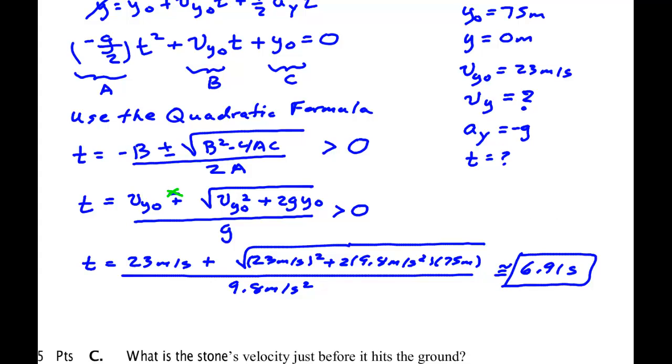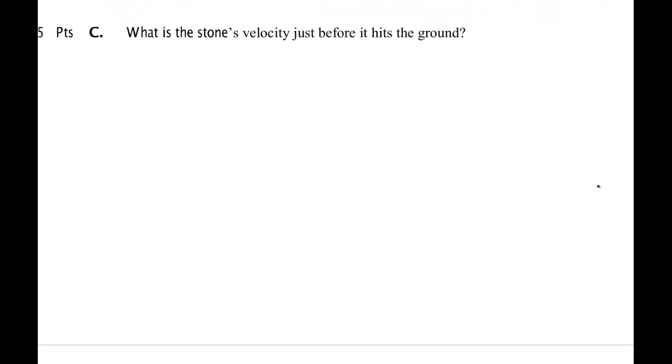Part C says, what is the stone's velocity just before it hits the ground? Alright, so to find the velocity, they're asking us for Vy. Vy is equal to Vy naught minus gt, since after all ay is minus g.